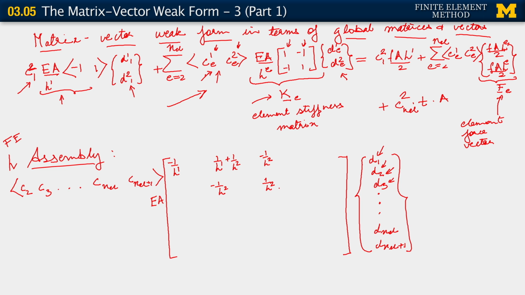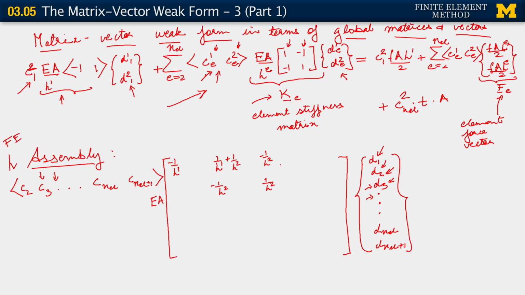We go on then to element 3. Element 3 has contributions coming from C3 and C4, which is just next to it. As far as the D degrees of freedom are concerned, it has contributions coming from D3 and D4. So it is going to provide contributions to our matrix in rows 2 and 3 and columns 3 and 4.